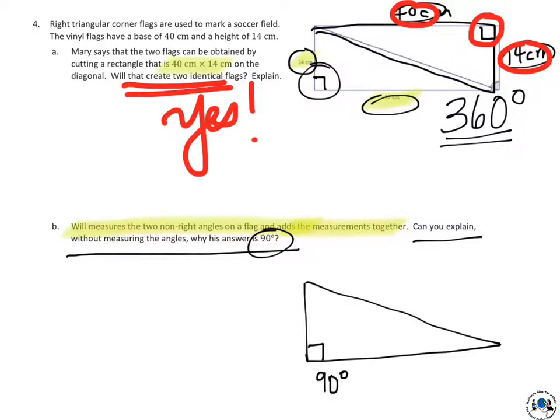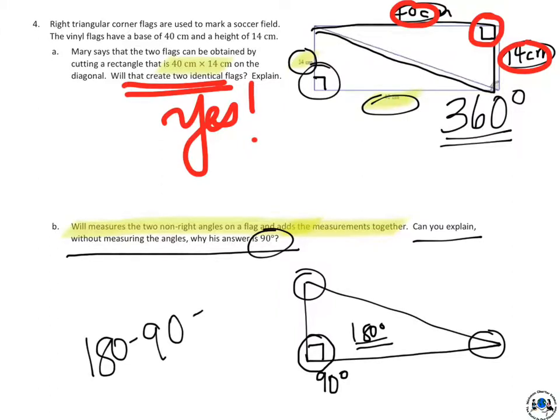Now this triangle right here, we know has to be 180 degrees total. To be 180 degrees, and we already have 90 degrees here, you probably know this already, these two non-right angles need to add up to 90 degrees, because 180 minus 90 equals 90.